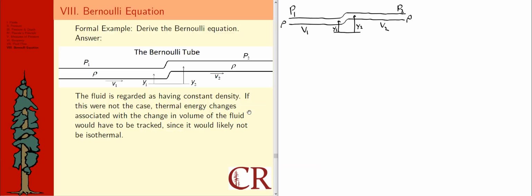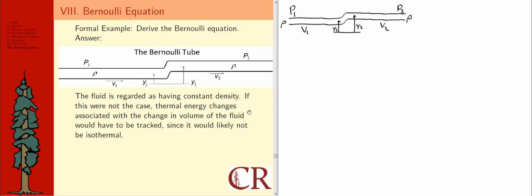In reality, if you compress or expand a fluid, there tend to be changes in temperature, and those correspond to changes in thermal energy, which can be regarded as a change in the internal energy of the fluid if it's compressible. That winds up spoiling the whole result of the Bernoulli equation.